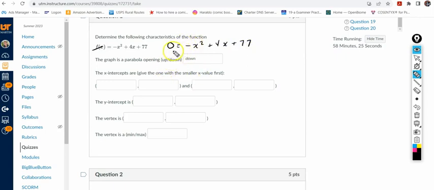I don't like when I'm solving for zeros to have the first term negative, so I'm going to multiply everything by -1. And so I'm going to have 0 is equal now to positive x squared minus 4x minus 77.